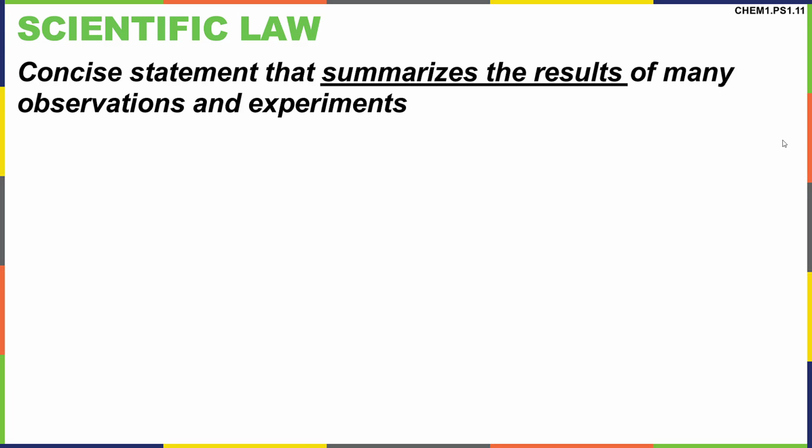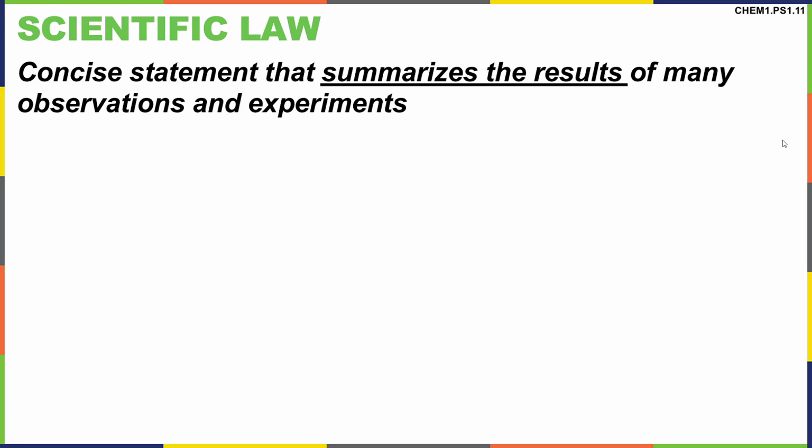Here's the definition of a scientific law. It is a concise statement that summarizes the results of many observations and experiments. In other words, guys, you conducted the same experiment, say 100 times. The data that you collected always was similar, and you used that data from those 100 trials to summarize the results.